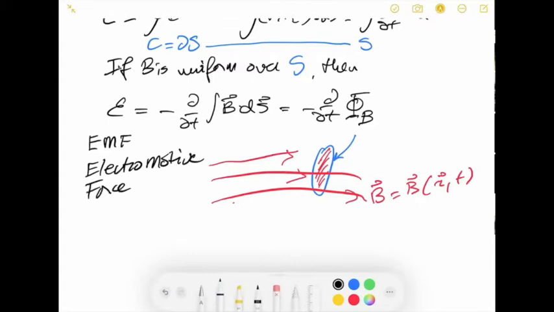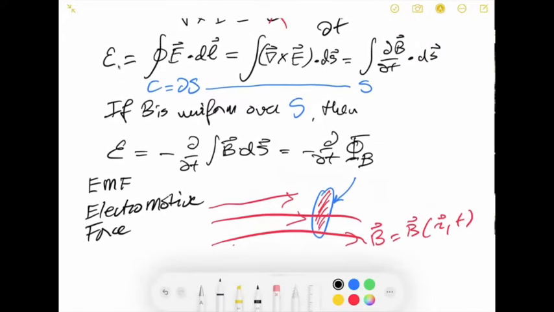That electromotive force has the same units as the potential, because it is based on a line integral through the E field right there. Because it has the same role as potential, it just looks like a battery.